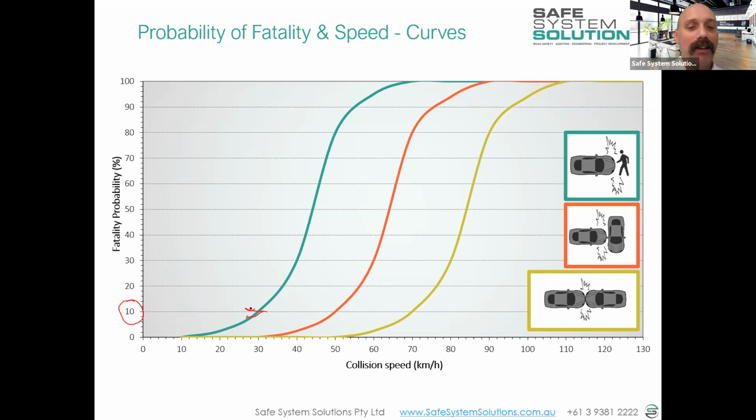And that there is at that 30 km/h mark a really important number in terms of speed for the safe system and safe system assessment. 30 km/h or below is where we see a low likelihood of death and serious injuries, coming down very, very quickly under that speed. Above that, very severe, very quickly.